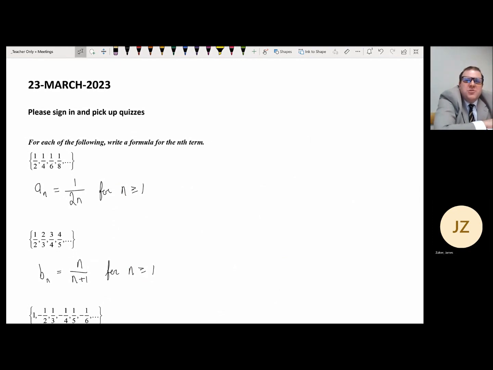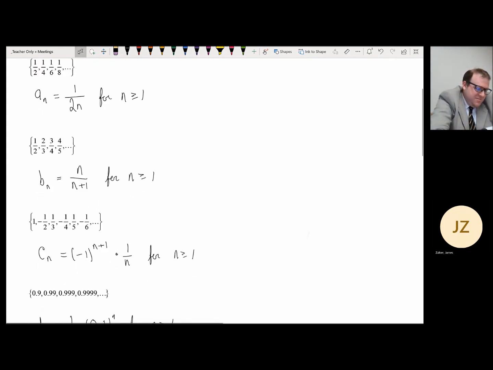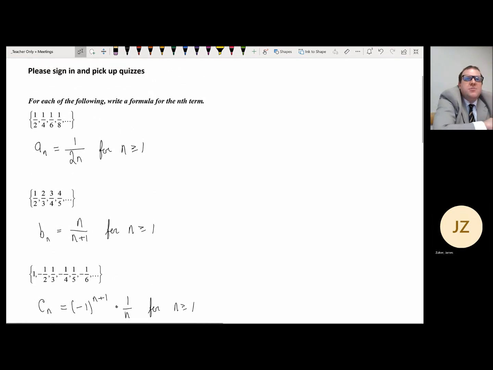What would a sub n converge to here? Right, the terms converge to 0. What about b sub n? What does that converge to? 1.